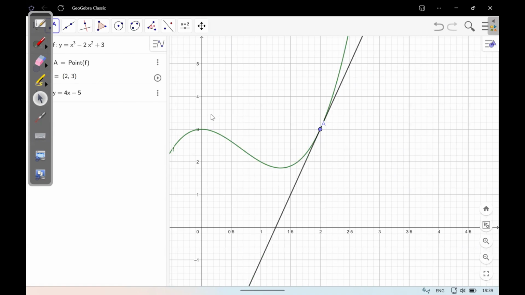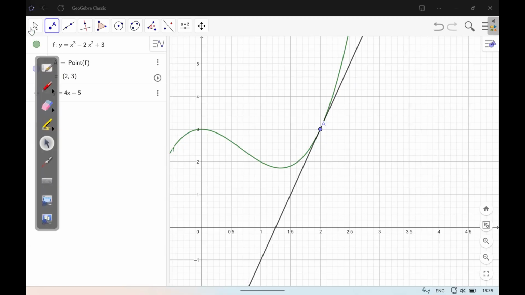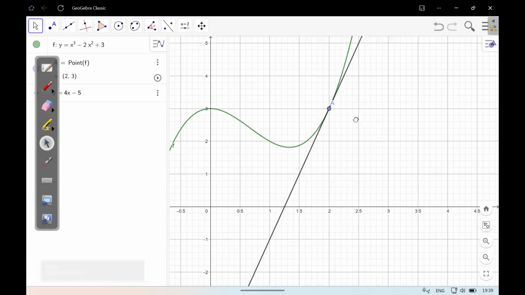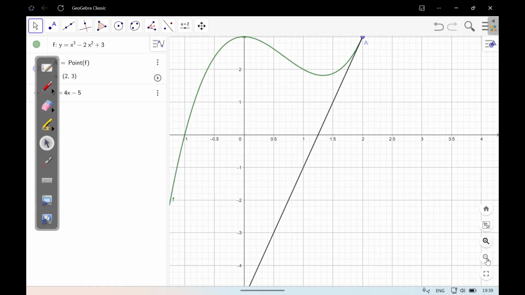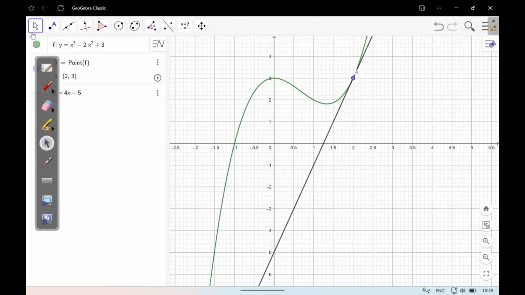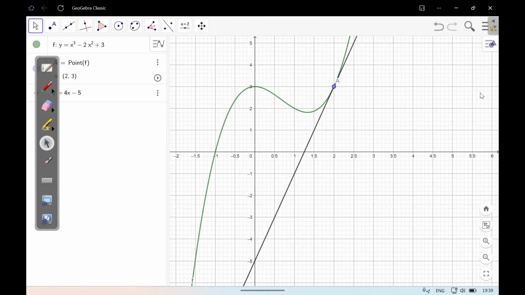There's our point of tangency, point A. It does resemble what we have actually picked up. And I'm going to scroll up a little bit here so that you see for yourself that indeed the tangent actually does cross the y-axis at -5. So it must make sense because math always makes sense.